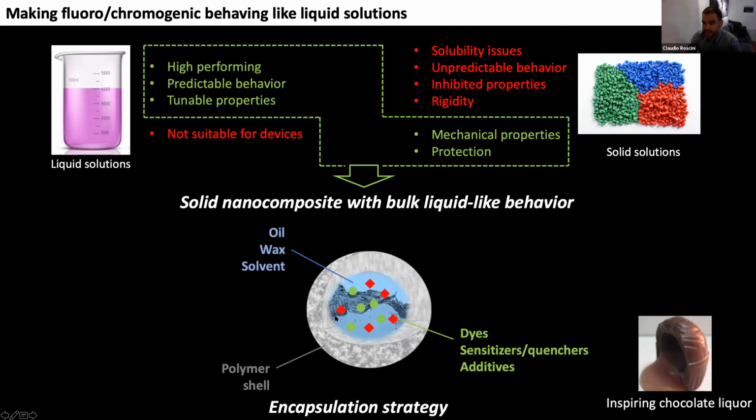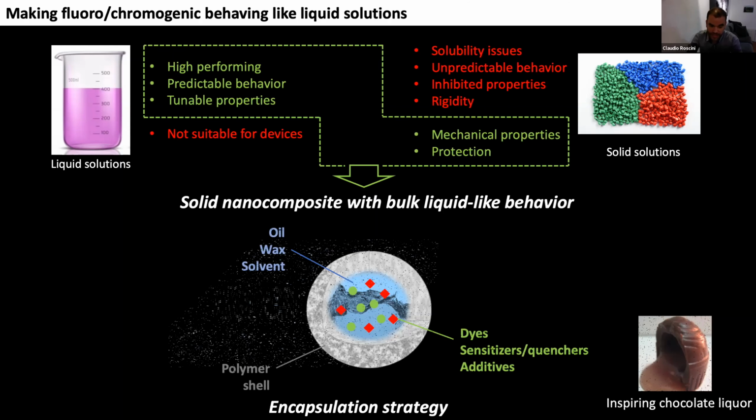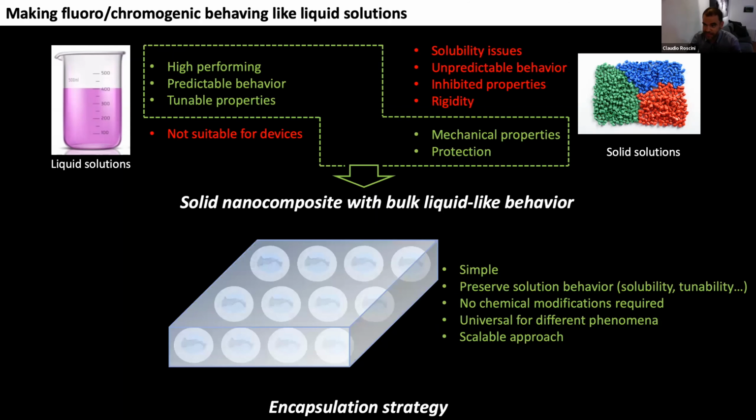And of course, in the liquid material, you can dissolve your dyes with other additives like sensitizers or quenchers and so on. Now, you might have solid particles in their dry state, but inside each particle is a liquid solution. So you have solid materials that can behave like a liquid material. Now you can take these particles and embed them in a polymeric matrix that, even if it's rigid, is still allowing the liquid behavior of these dyes.